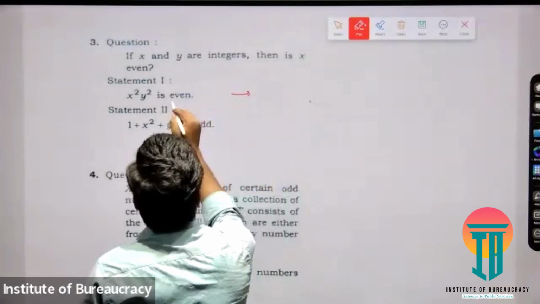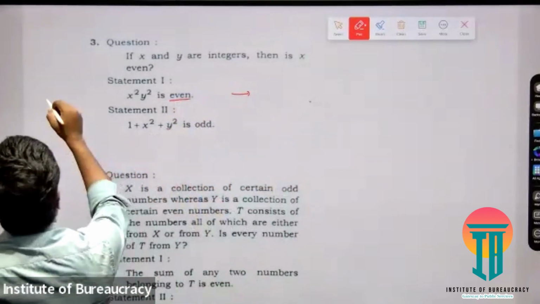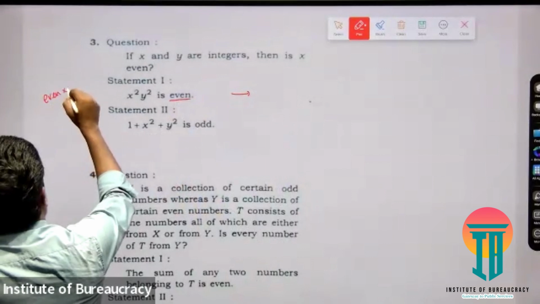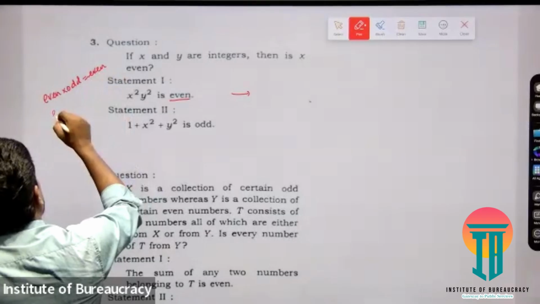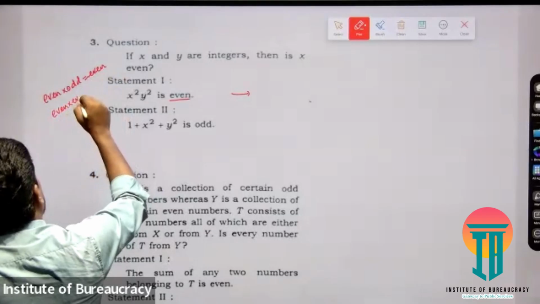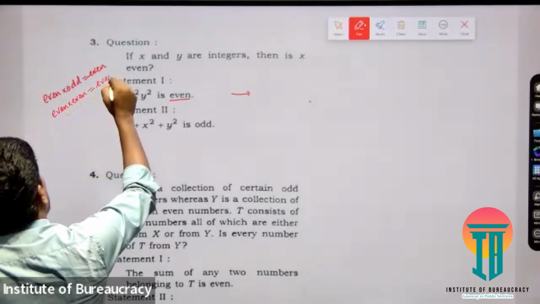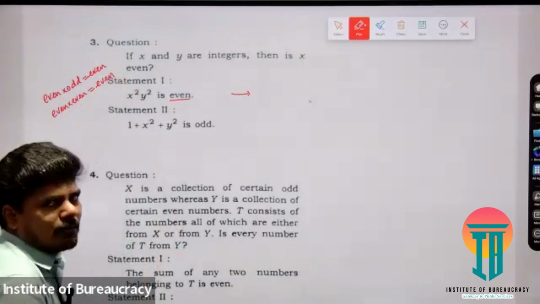If you want to get an even product, either even times odd is even, or even times even is even. Both odd means an odd number.